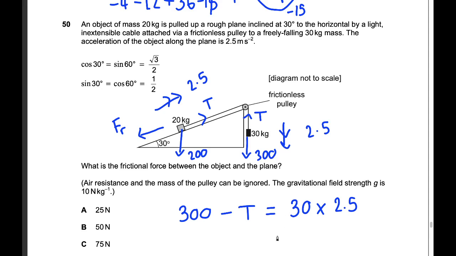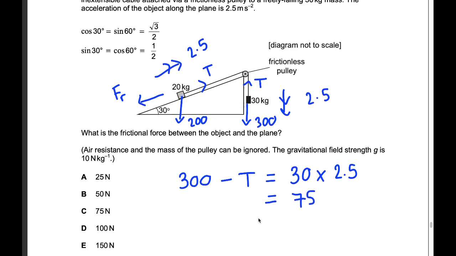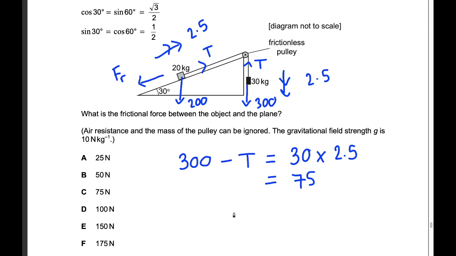So 2.5 times 30, well, times by 2 is 60, and then add a half on is 15, so that's 75. So my tension is equal to 225, just 300 minus 75. So tension is 225.